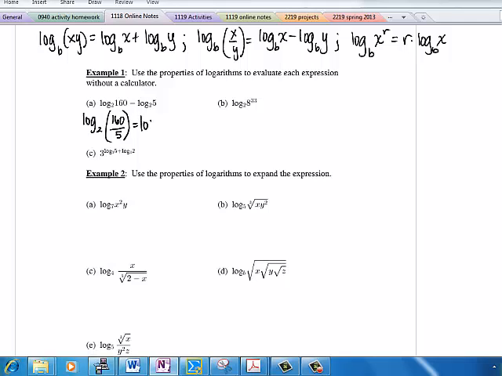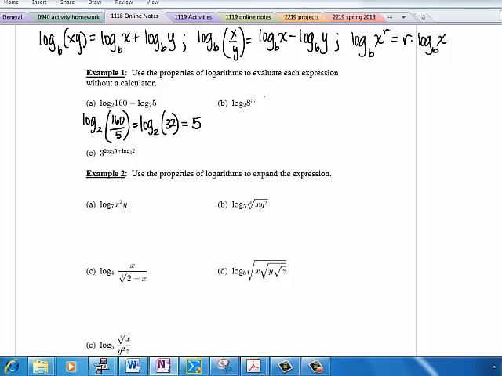So log base 2 of 32, and that's a value we know. We're thinking, what's the exponent we put on 2 to get 32, and we need 5 factors of 2 multiplied together to give us 32. So we were looking at this and thinking, okay, it looks like a difference of 2 logarithms. How can I simplify that? I can put it together as 1 with the same base, simplify that quotient, and then go from there.